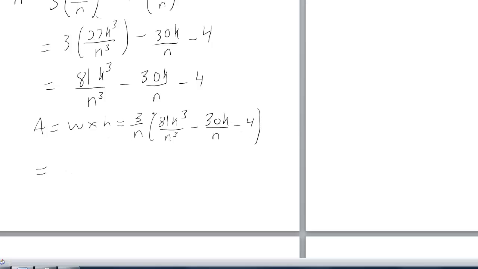So let's simplify this out. This equals 243k to the third over n to the fourth, minus 3 times 30 is 90, minus 90k over n squared, minus 3 over n times 4 is 12 over n. That's our area.